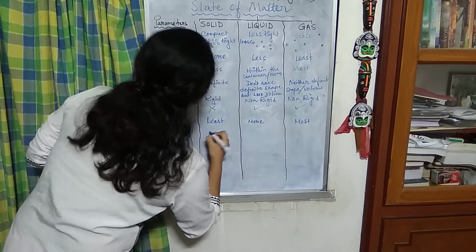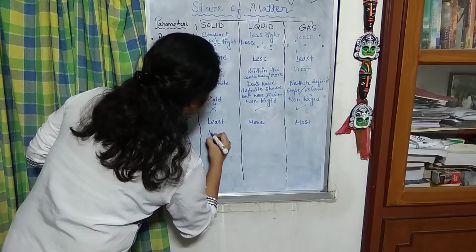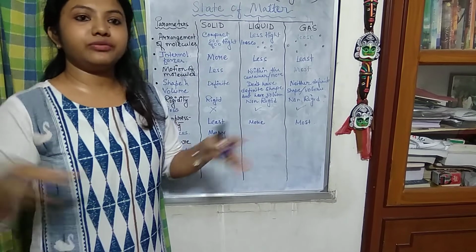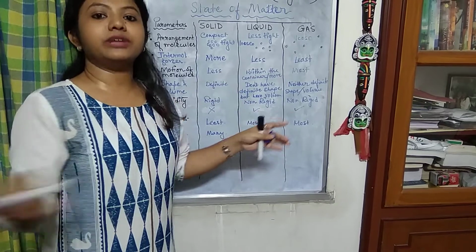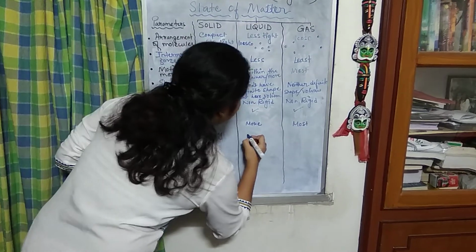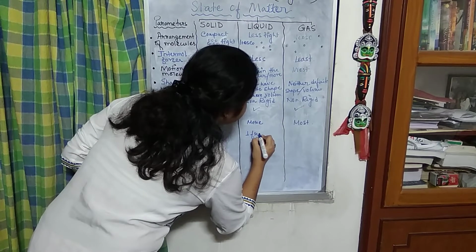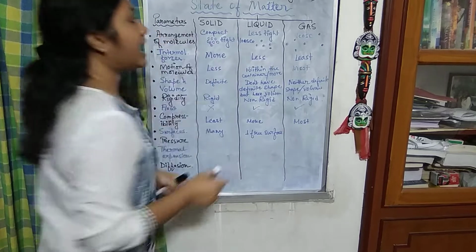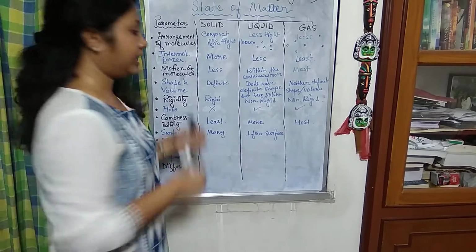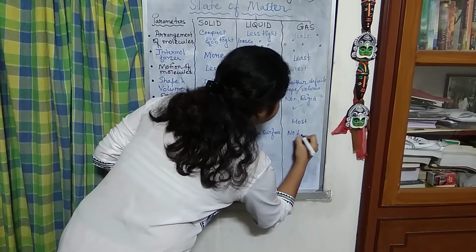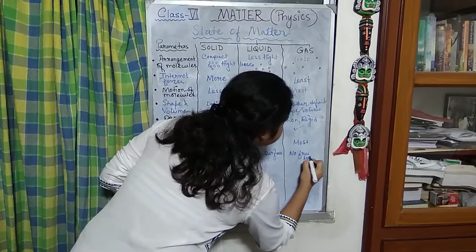So in case of a solid, the surface can be many. While in case of liquid, when a liquid is flowing, how many surfaces does it have? It only has one free surface. And in case of gases, it does not have any free surface.